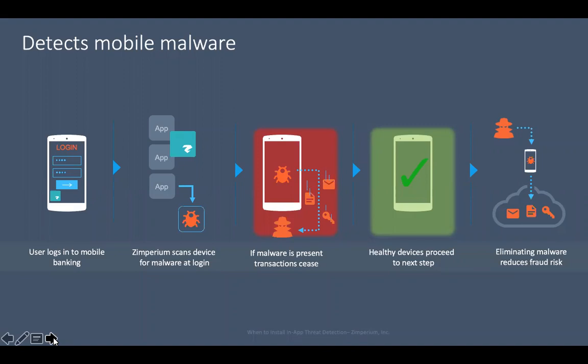And then basically eliminating malware reduces fraud risk. So malware is going to push different information to your device. It's going to pull information from your device, use the processor of your device, what have you, or try to steal your credentials. So there's a pretty famous malware on Android called BankBot. The second version can actually capture the SMS authentication codes heading back to you.